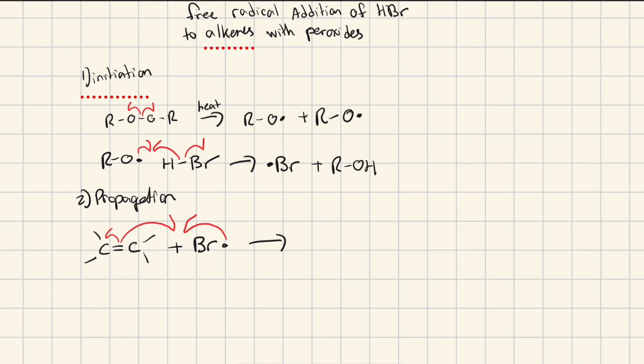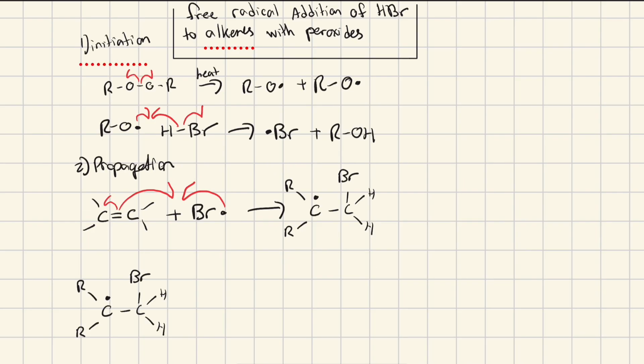So our product in this propagation step is going to be our more substituted carbon with the radical, and then our less substituted carbon with the bromine. So we could just say, for this example, these are alkyl groups, these are hydrogens.